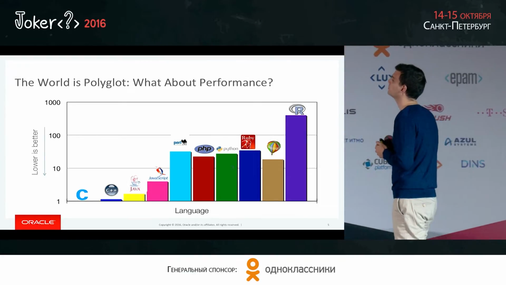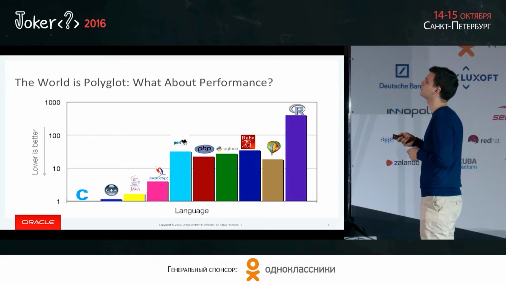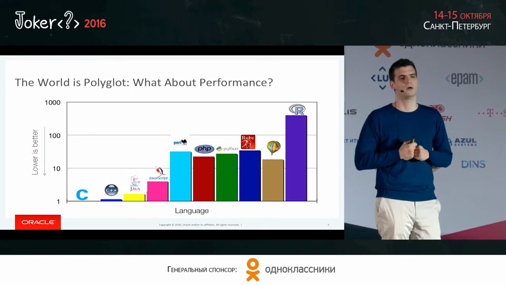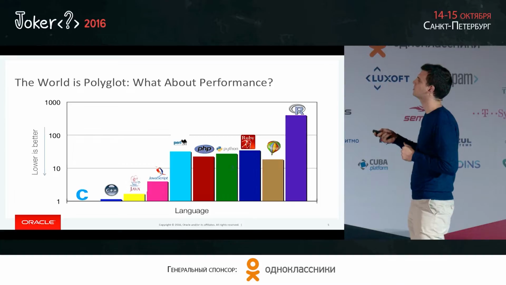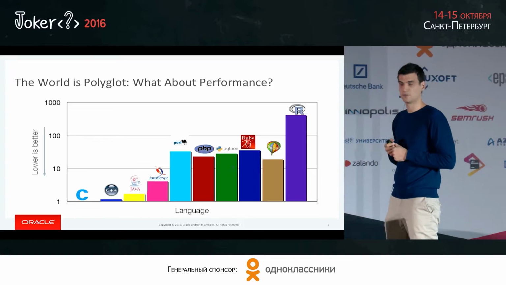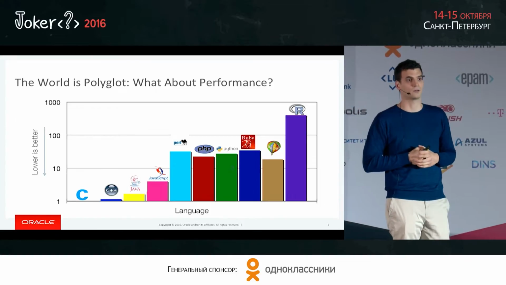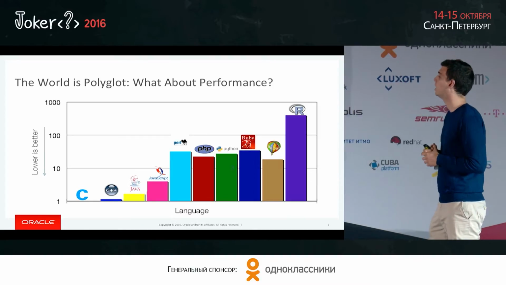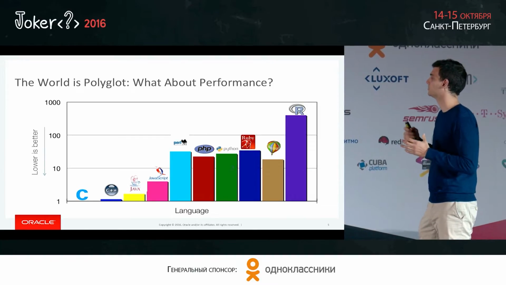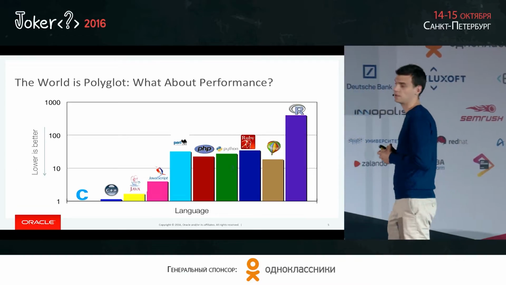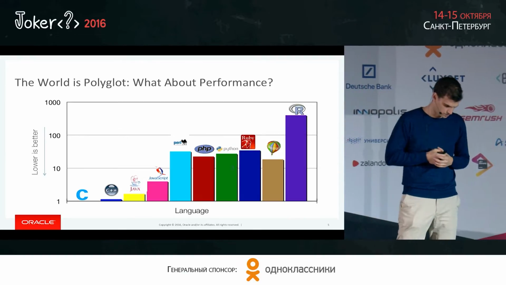C and C++ are of course fast because they run natively. Then Java and JavaScript, which are the most widely used languages as we've seen, are quite well optimized. There were big teams working on optimizing these languages. So these languages are about 1.5 to 5x slower, depending on the workload.